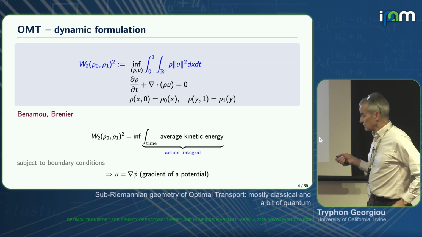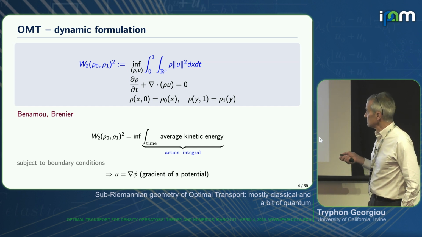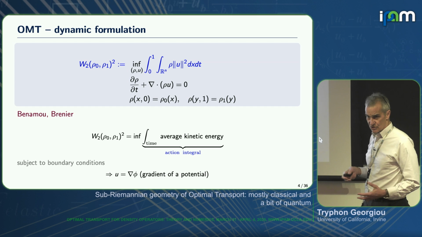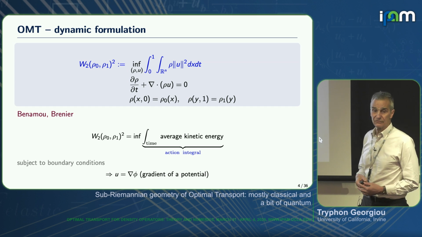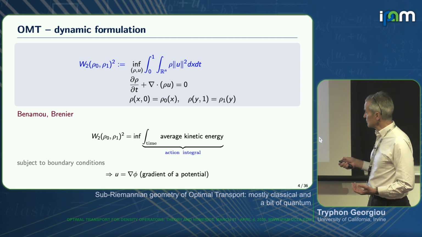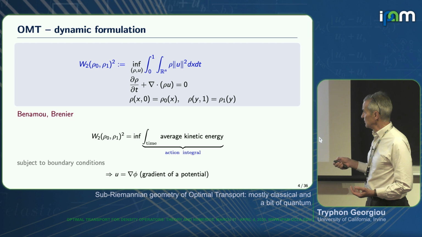Of course, everyone in this audience is familiar with the dynamic formulation that launched this new phase of development, the Benamou-Brenier formulation, where you look at the Wasserstein distance between densities.